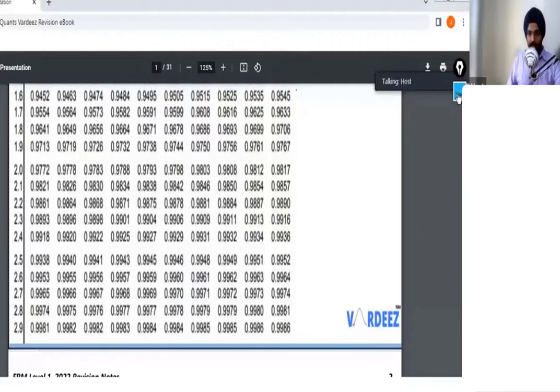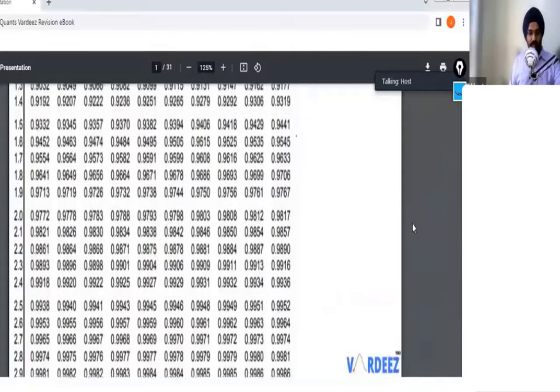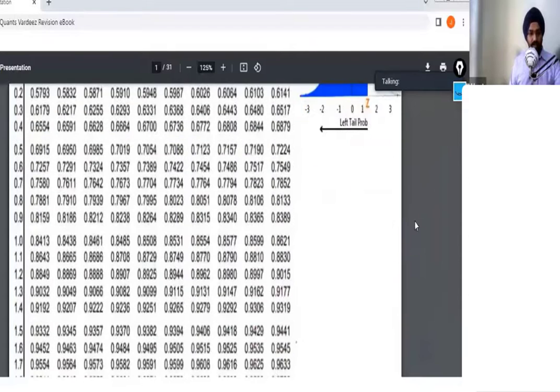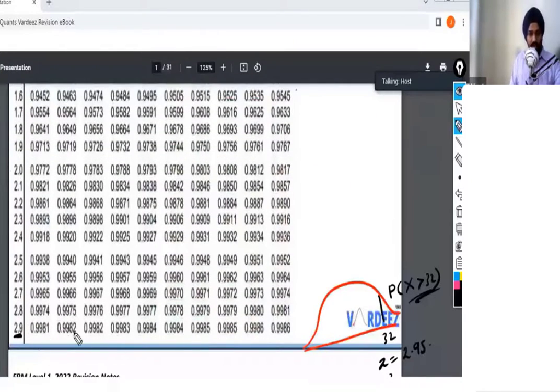For this example, let's say that we calculated the Z value to be 2.95. So I can search for 2.95: 2.9 and then 5. Okay, this one, 2.9 and then this.